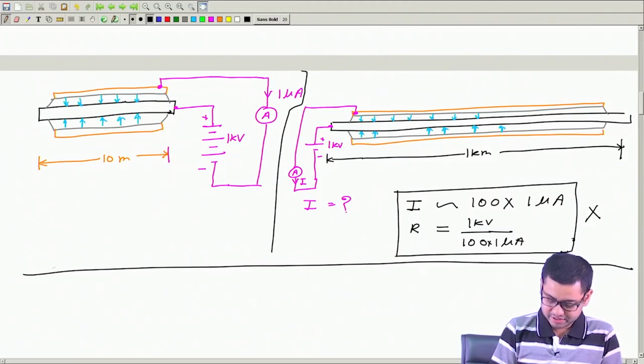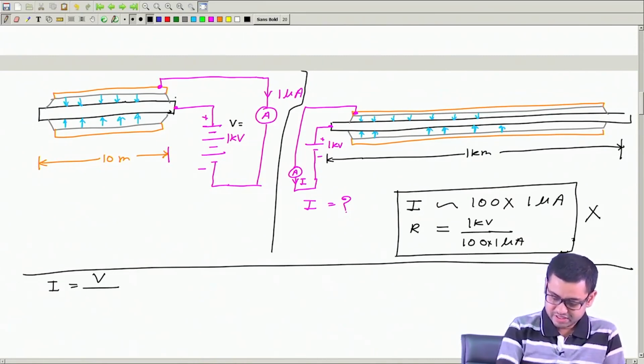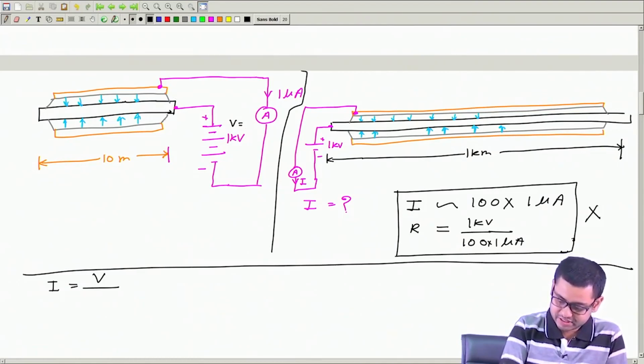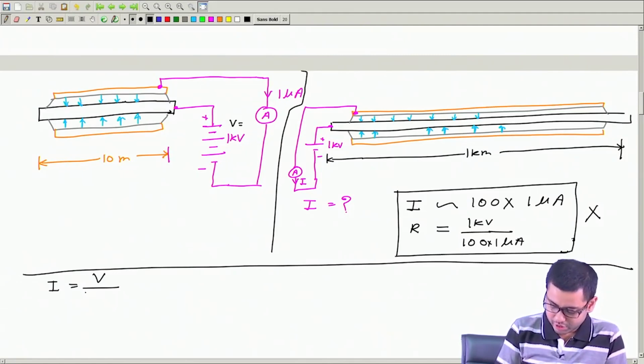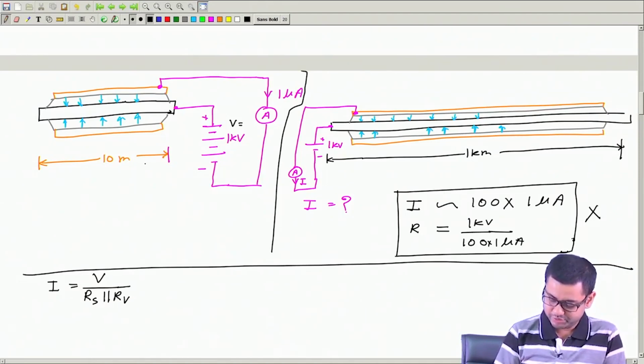So in this experiment, with the 10 meter cable, the current I is given by the voltage V divided by the total resistance, and the total resistance is the parallel combination of the surface resistance and the volume resistance. Now, this we can write as the surface resistance parallel R V for this experiment.